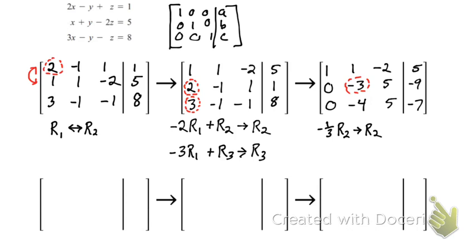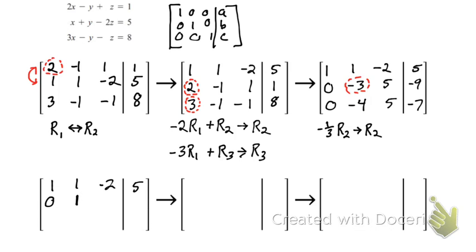Neither of the other 2 rows are going to change. We're just doing row 2. So my row 1 is going to stay the same: 1, negative 2, 5. 0 times a negative 1/3 is still 0. Negative 3 times a negative 1/3 becomes a positive 1.